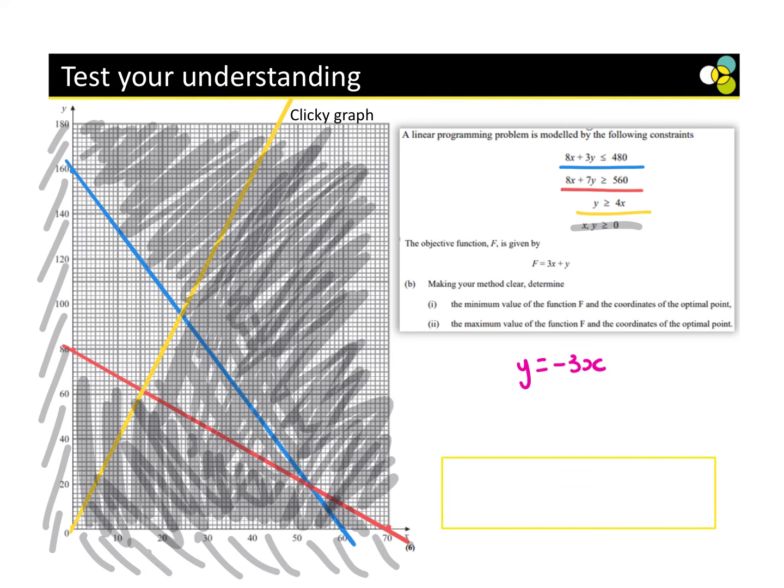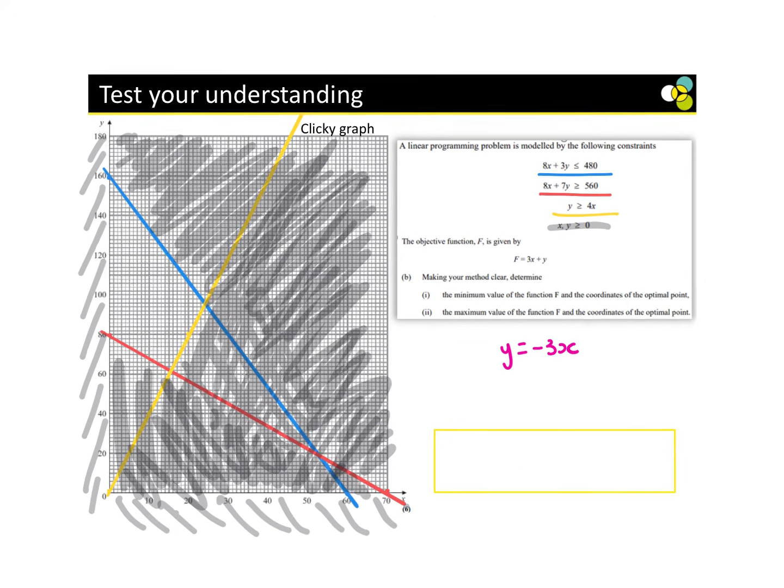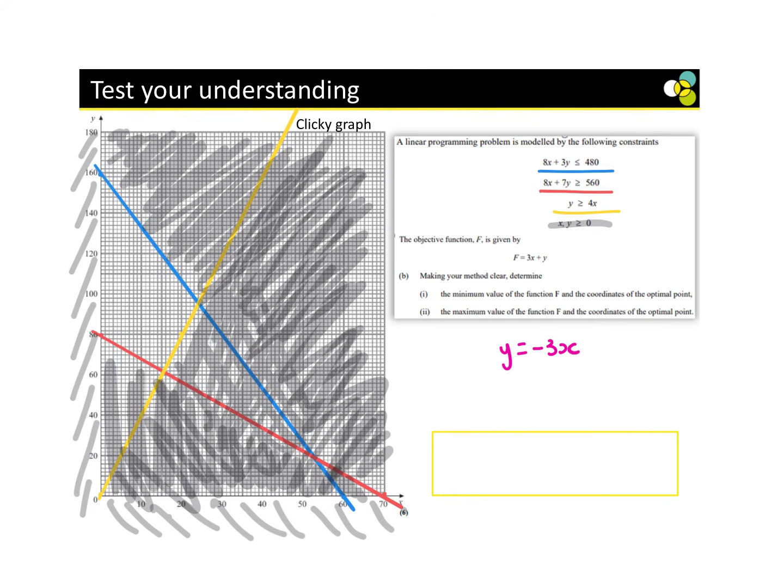So, and then what we can do, this is how we show the ruler method. So we're going to do y equals minus 3x plus 10. So if I was to draw this line, minus 3x plus 10, or we could just have 3x plus y equals 10. Now, when I'm drawing this line, do you think it's a good idea for me to do 10 divided by 3?